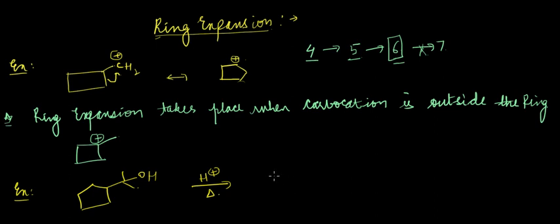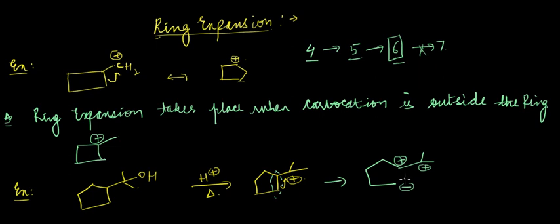So what will happen is we will get a carbocation at this position, or better let me draw like this. Now what will happen is, again, ring expansion will take place, in which this bond would be breaking up to create internally positive charge here and positive charge here and a negative charge here.